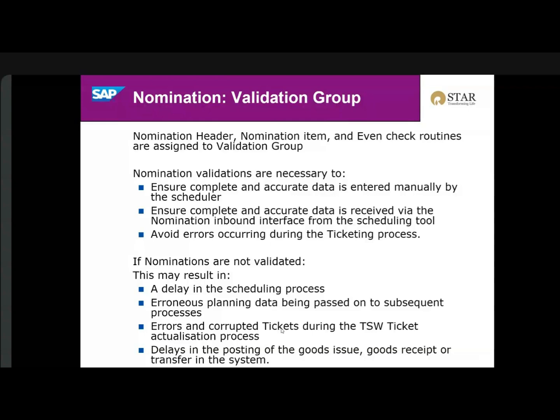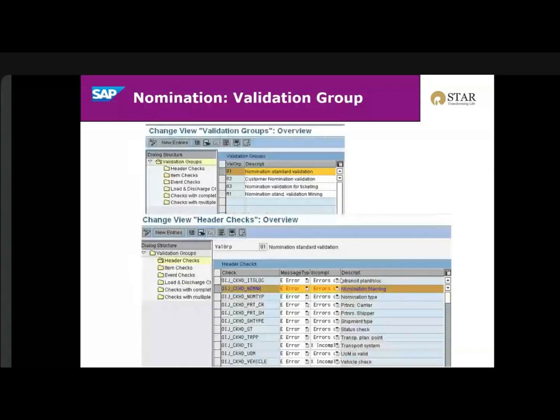So it is double work. In the first stage itself, you avoid the errors, then ticketing will be just one click. Also delays in posting of goods issue, goods receipt, transfer system. These are all the benefits of the validation. So this is the configuration for this validation group.